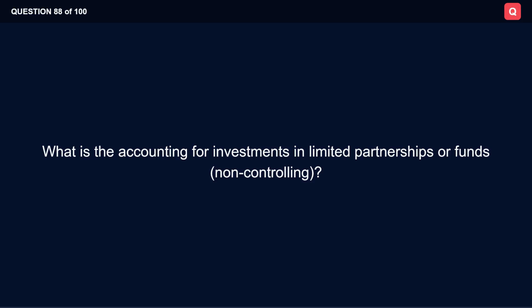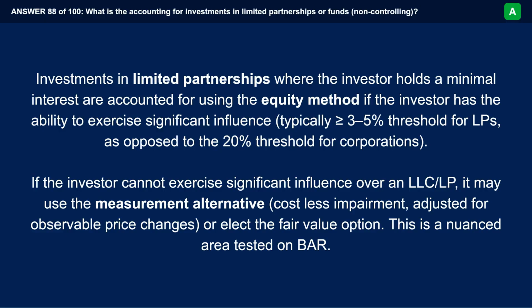What is the accounting for investments in limited partnerships or funds, non-controlling? Investments in limited partnerships, where the investor holds a minor interest, are accounted for using the equity method if the investor has the ability to exercise significant influence, typically greater than or equal to a 3-5% threshold for LLCs and LPs, as opposed to the 20% threshold for corporations.